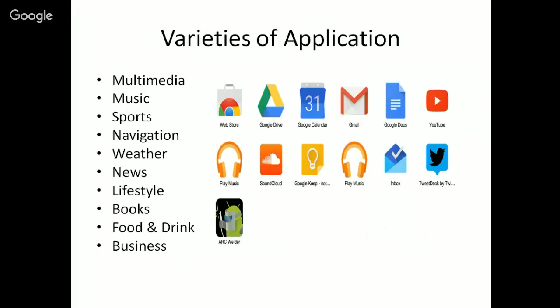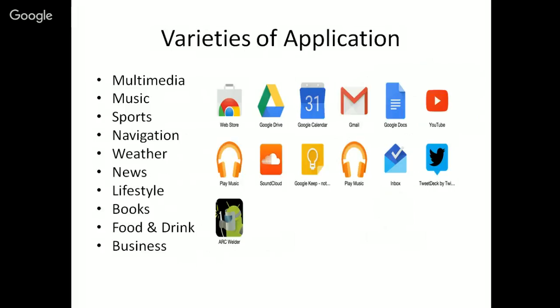Looking at the varieties of Android applications, you can develop any sort of Android application once you become an Android application developer. The only thing that you need to know to become an Android application developer is that you need to become passionate about what Android actually is and how Android is actually developed.